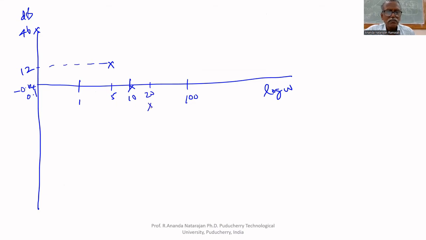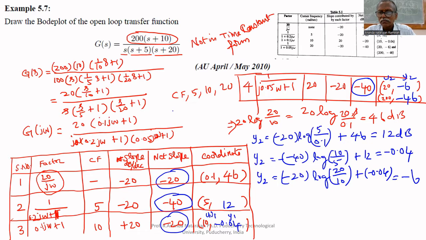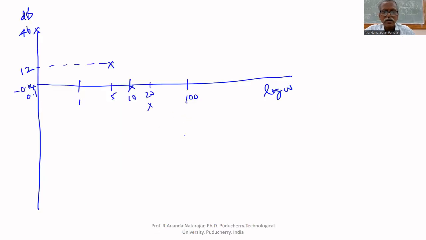And 40, 100, 200. 200 will be here. 200 is about minus 46. So we have to join all the lines to get the plot. This is the magnitude plot.